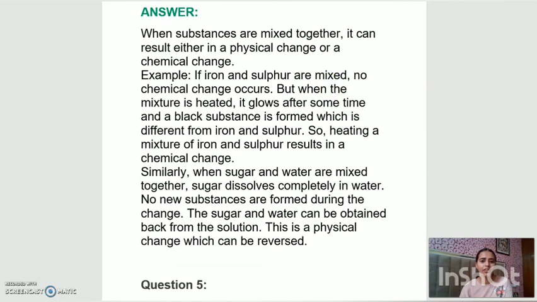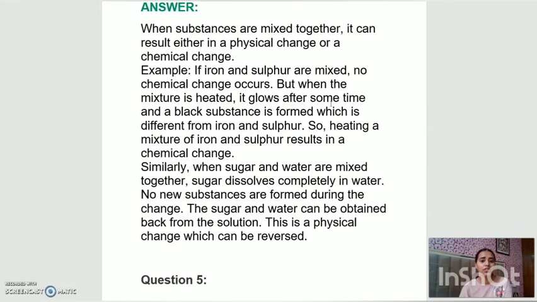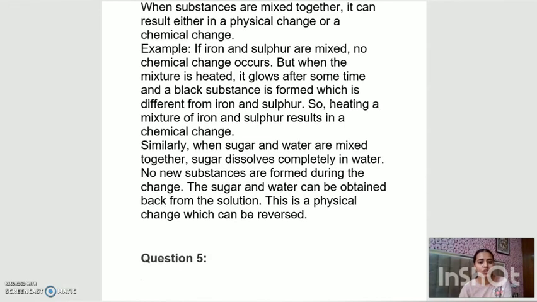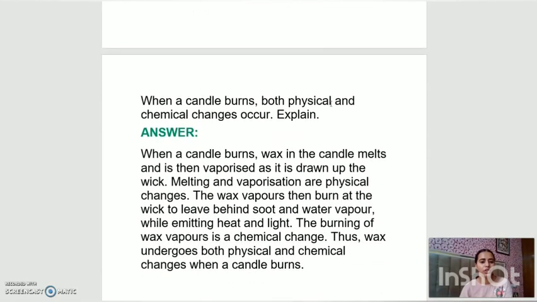Similarly, if iron and sulfur are mixed, no chemical change occurs, right? But when the mixture is heated, it glows after some time and a black substance is formed, which is different from iron and sulfur. So heating a mixture of iron and sulfur results in a chemical change. Similarly, when sugar and water are mixed, as we have talked earlier, you can write that it is a physical change, right? Moving further, question number 5.